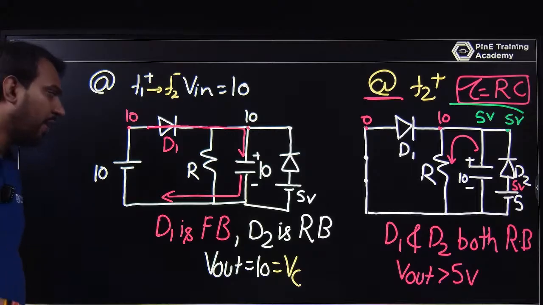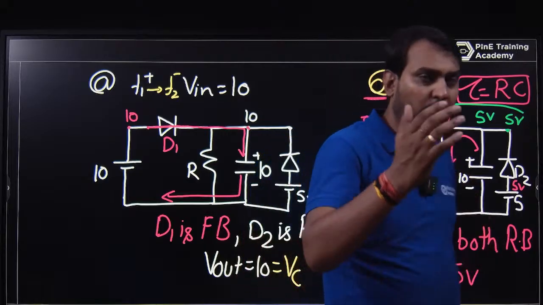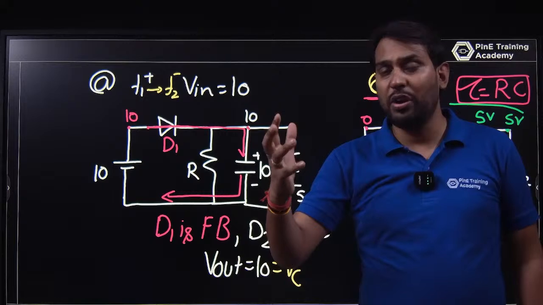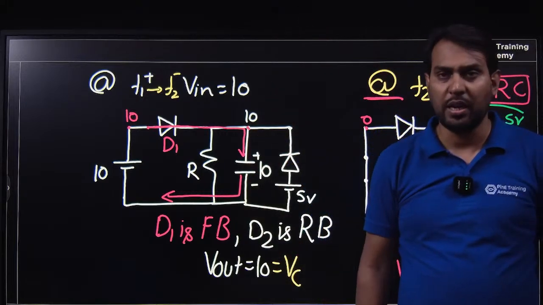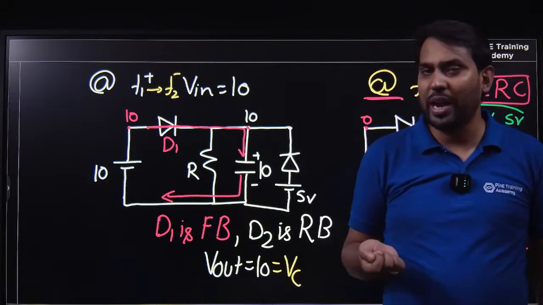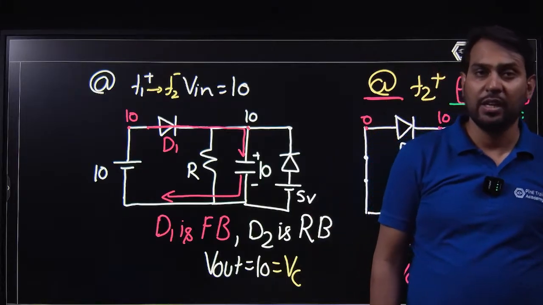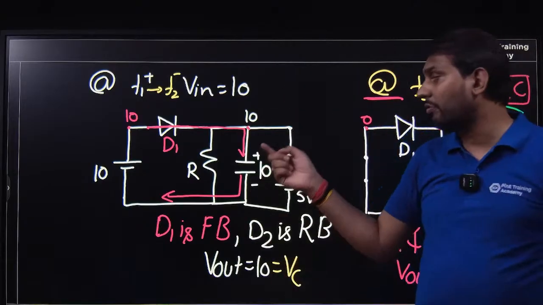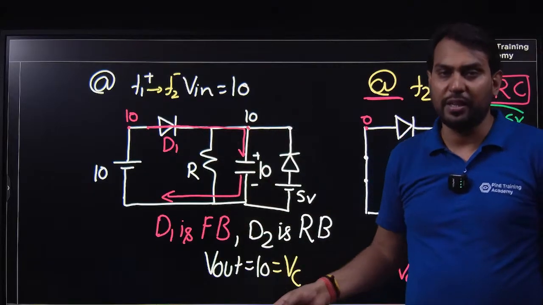You can think of it this way: whenever you have a positive edge, the capacitor will charge very fast and reach the maximum voltage in a very small duration. But once the input supply is removed, the capacitor will not discharge as fast as it charged. The capacitor will discharge through the resistance, and this diode will limit it.